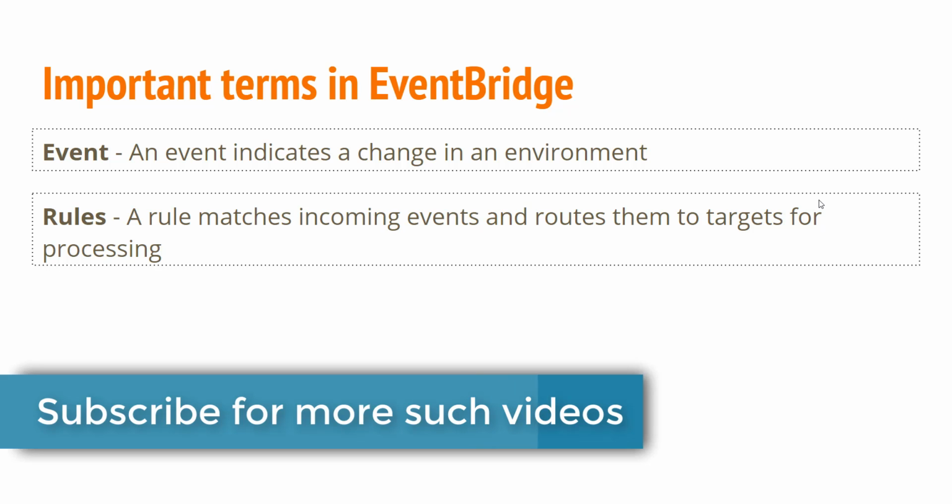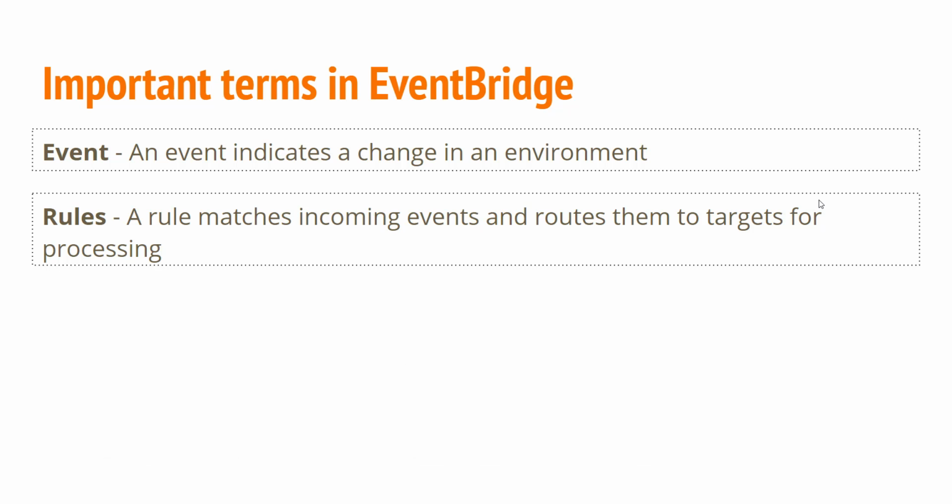Then we have rules. A rule matches incoming events and routes them to targets for processing. As I explained to you in the previous slide, whenever a rule matches, the event is passed to the different targets. A single rule can have multiple targets. Max targets would be 5, and all the targets will process the event in parallel.